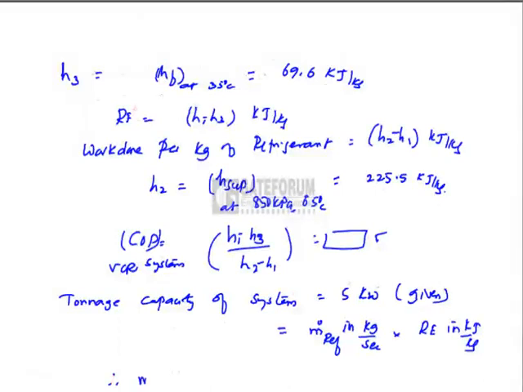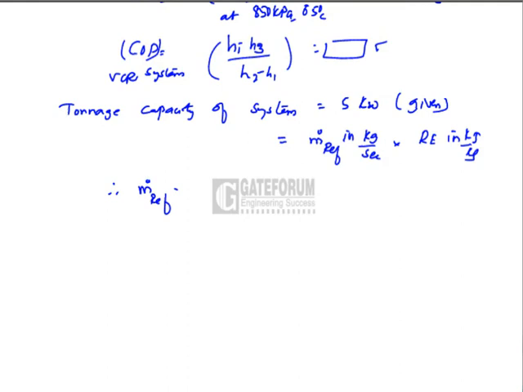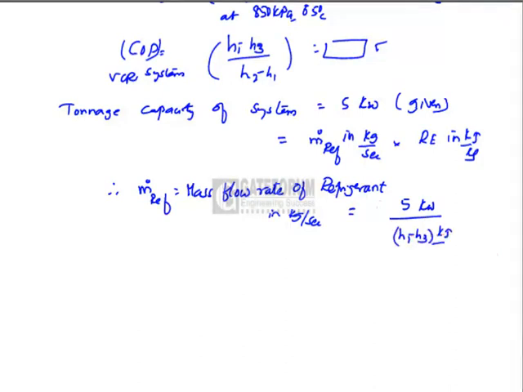Therefore, mass flow rate of the refrigerant in kg per second is equal to 5 kilowatts divided by H1 minus H3 kilojoule per kg. The resultant answer is in kg per second. This is one of the answers for the unknowns, that is mass flow rate of the refrigerant.